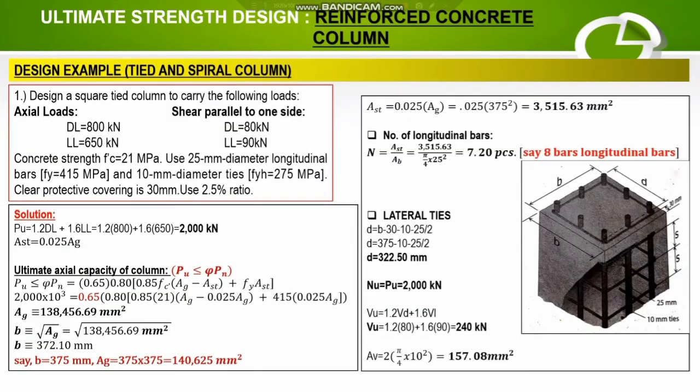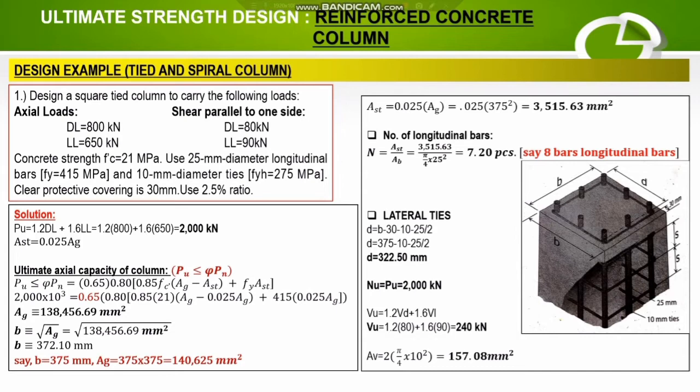Now, we will come to the design example of tied and spiral columns. So first, the design principles when designing a reinforced concrete column. We will assume the value of steel ratio between 1% to 6% of the gross concrete area, or our AST is equal to 0.01 of Ag to 0.06 of Ag.